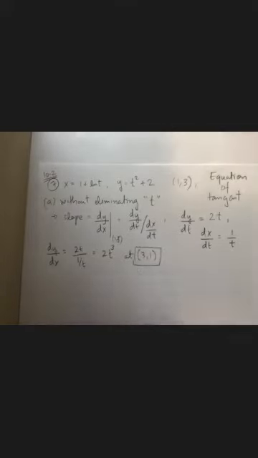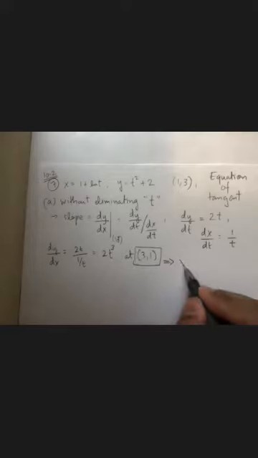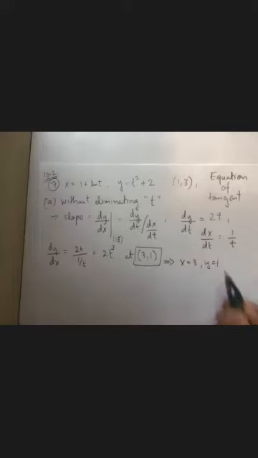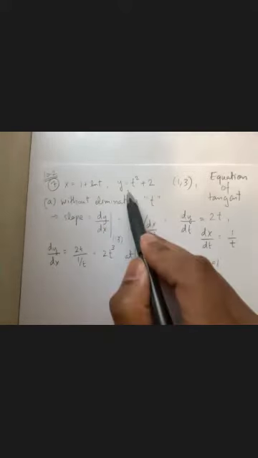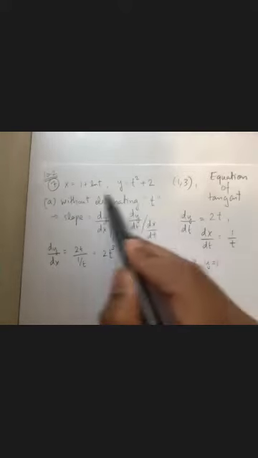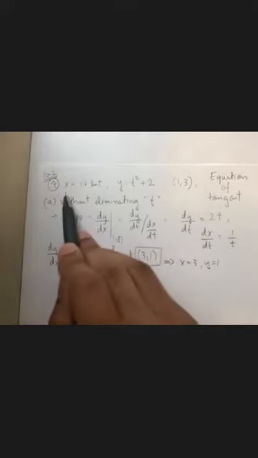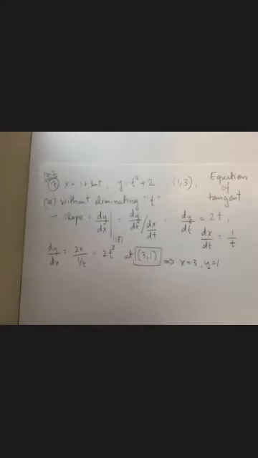So if you observe this point implies x is 3, y is 1. And if we look at the equations for y and x, so y is t squared plus 2. Oh, I made a typo here.